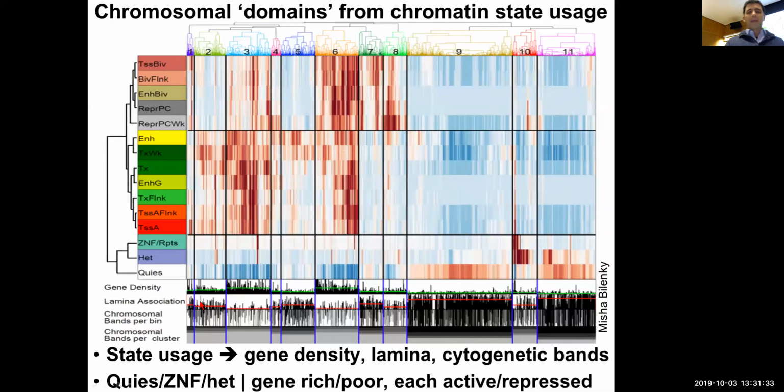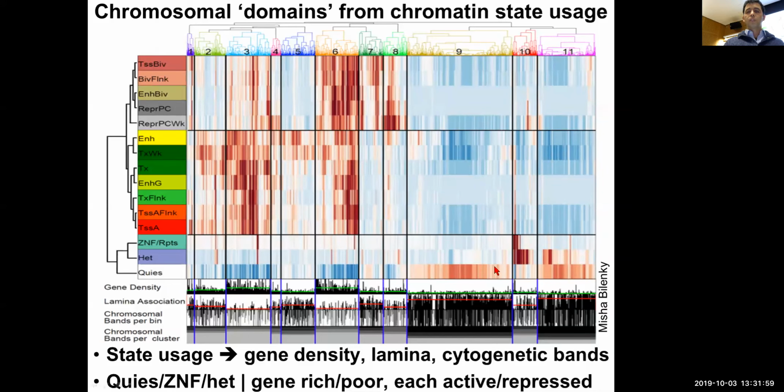You can also start painting the whole genome, and you can basically ask, what are the relationships between, say, gene density and the frequency of different chromatin states? And what you can see is that some regions of the genome are much denser in genes than others. Some are much sparser. And that actually corresponds to the set of states that are being utilized.